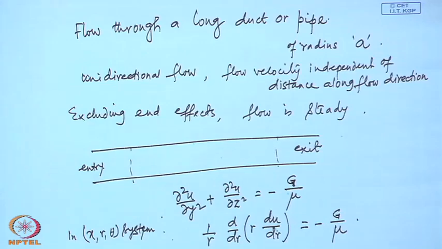The Laplacian operator in r and theta would have contained another term for theta derivative, but that is 0.